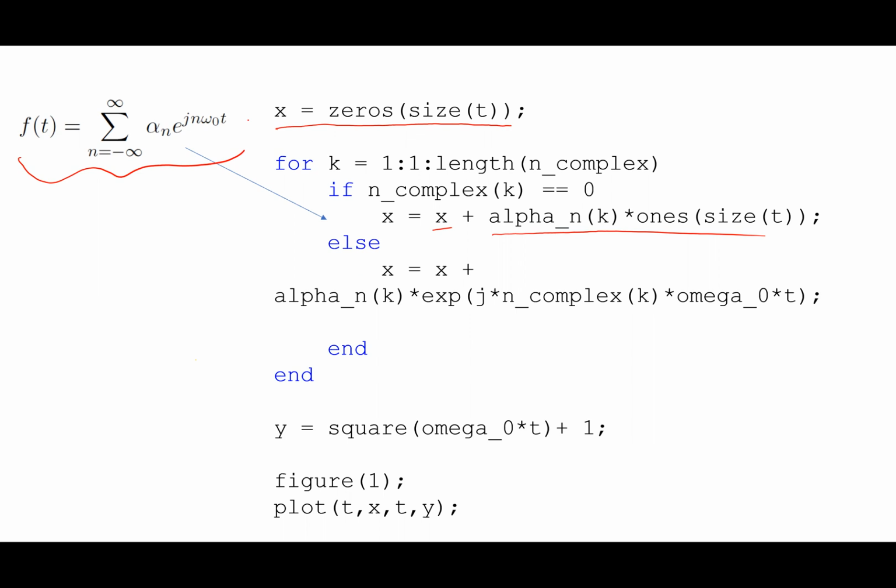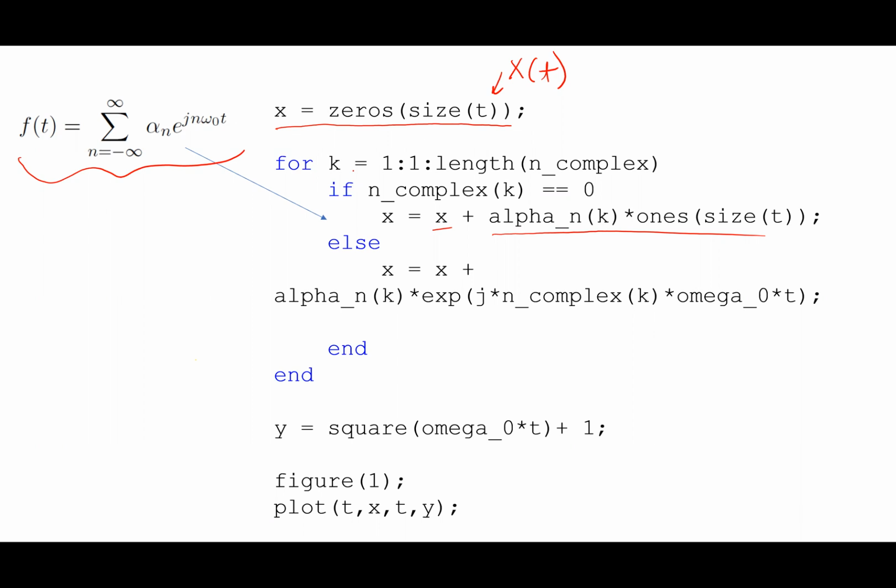All right. So what I'm doing is I'm saying, all right, my function, which I'm calling x, I make a function x that's equal to zeros with size of t. All right, so t is my time vector. So what I'm doing here is I'm creating a vector that's going to hold x of t. All right, so I got a row vector that's going to hold x of t.